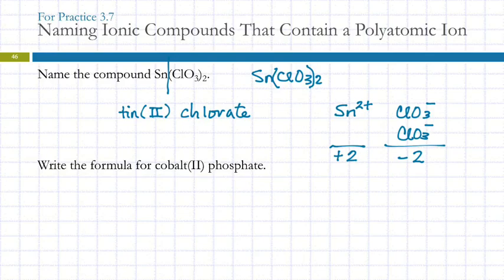The exams will mostly be multiple choice. And so a question like this would definitely be a multiple choice question. And so there could be distractors like this. There might be one that says tin(IV) chlorate. There might be another one that says tin(II) chlorite.